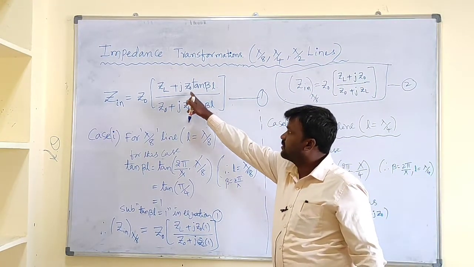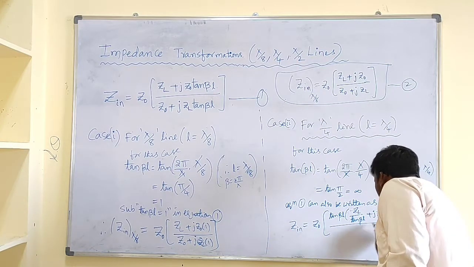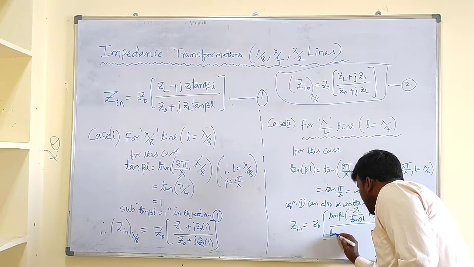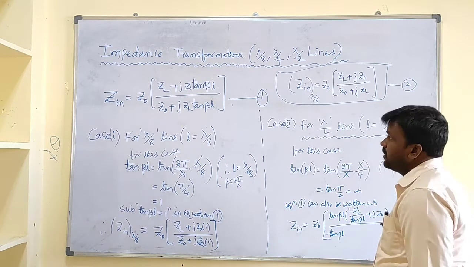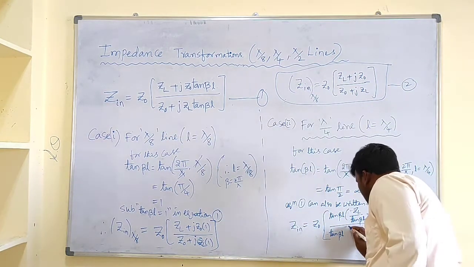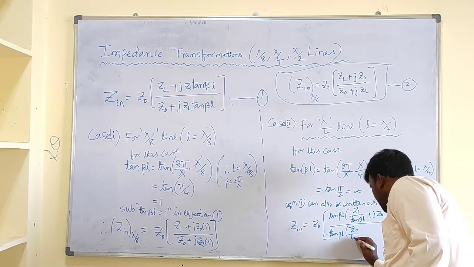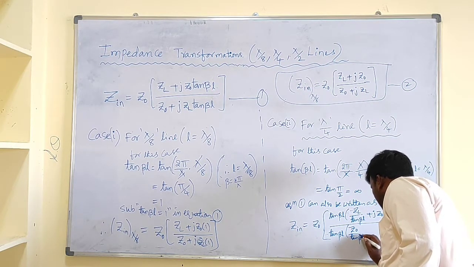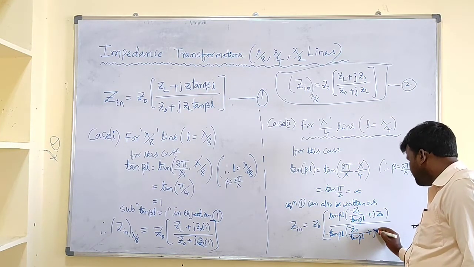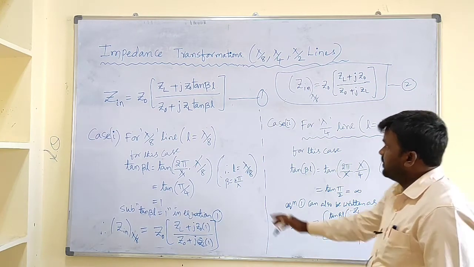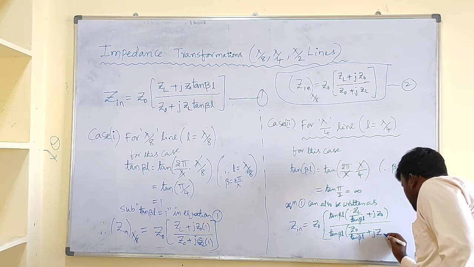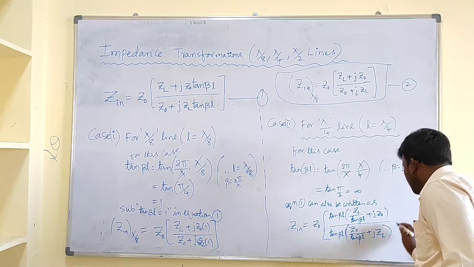In the denominator, tan beta L is taken as common, so we get Z naught by tan beta L, that gives Z naught, plus j into ZL, that is the load impedance.